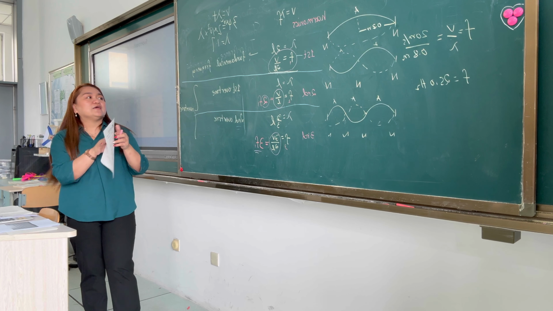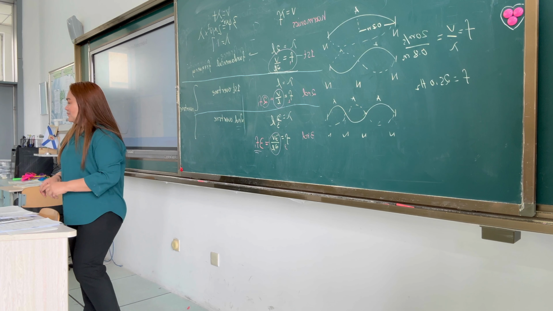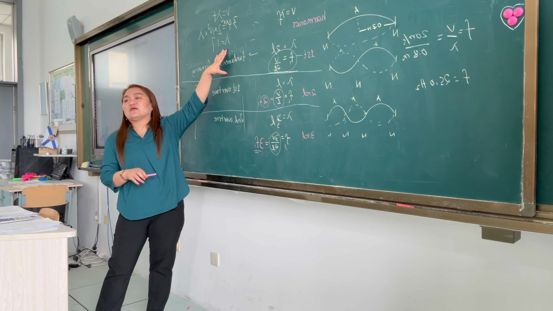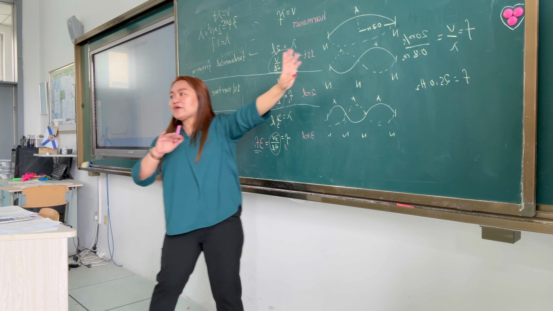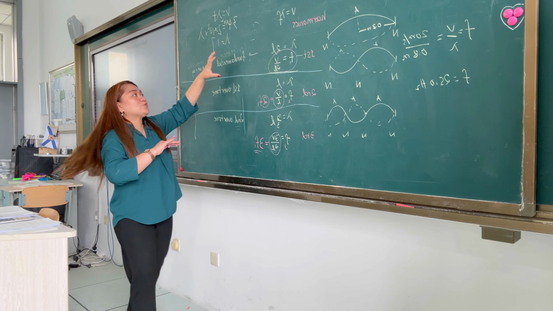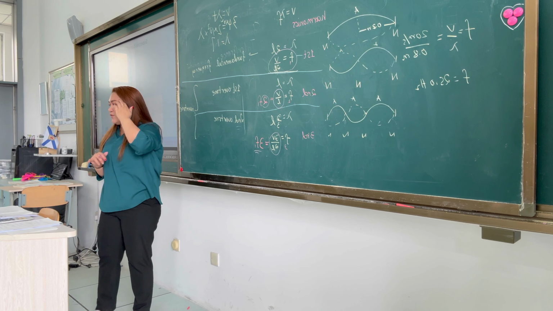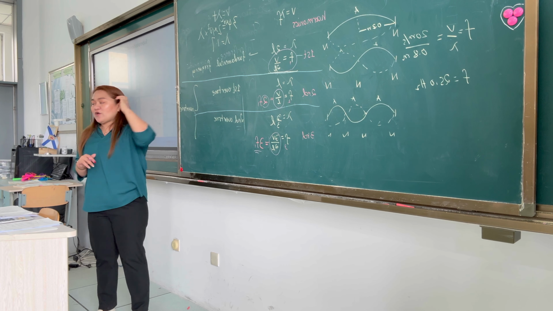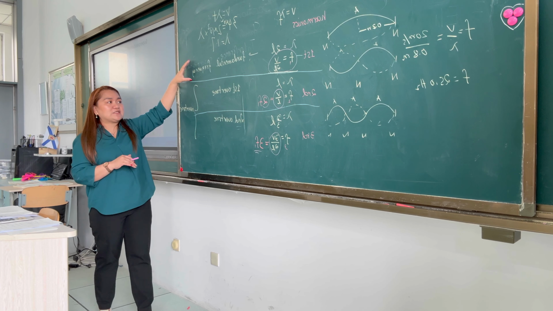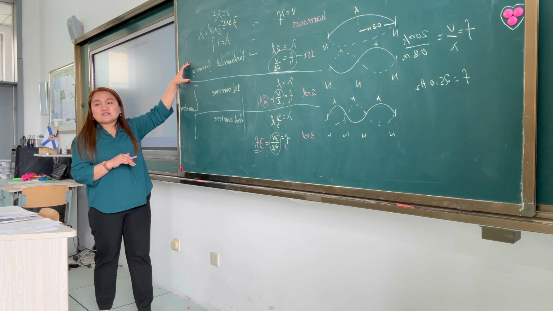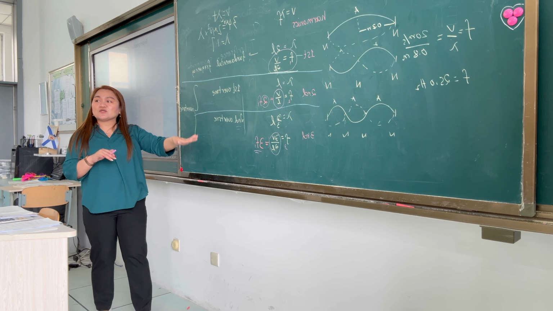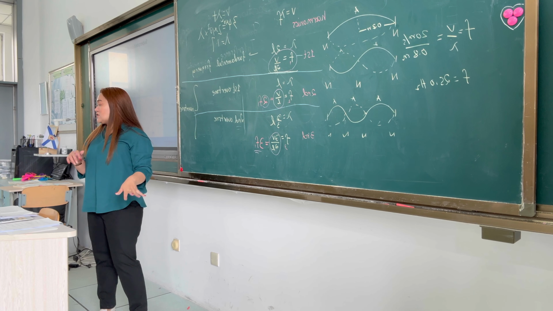Now, this is how we name them. Let's start with the fundamental frequency. This graph having one antinode, we name it the fundamental frequency. If you use the word fundamental frequency, the rest are overtones: first overtone, second overtone, third overtone, fourth overtone, and so forth.